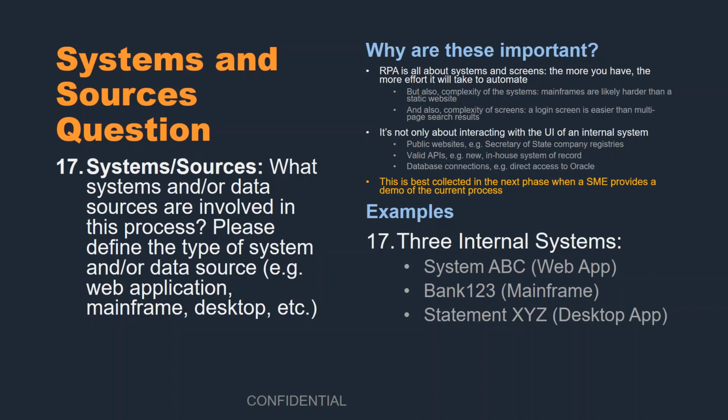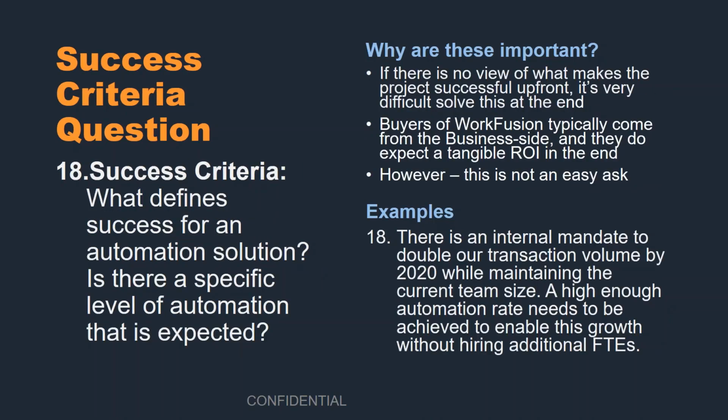So understanding the nuances of the different systems is obviously important. With RPA, you've probably focused quite a bit on that, so I won't go too deep here, but it's good to list this out and understand where the data comes from.